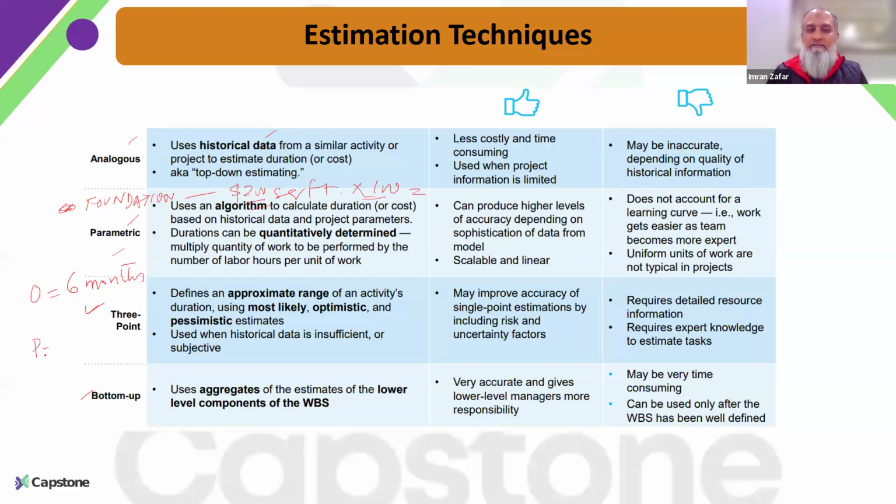If I am being too pessimistic, I'm saying that it will require a year to complete. And most likely, I say that it will be completed in 8 months. So these are the 3 ranges that I have, accounting for the best case scenario, the worst case scenario, or the middle ground.